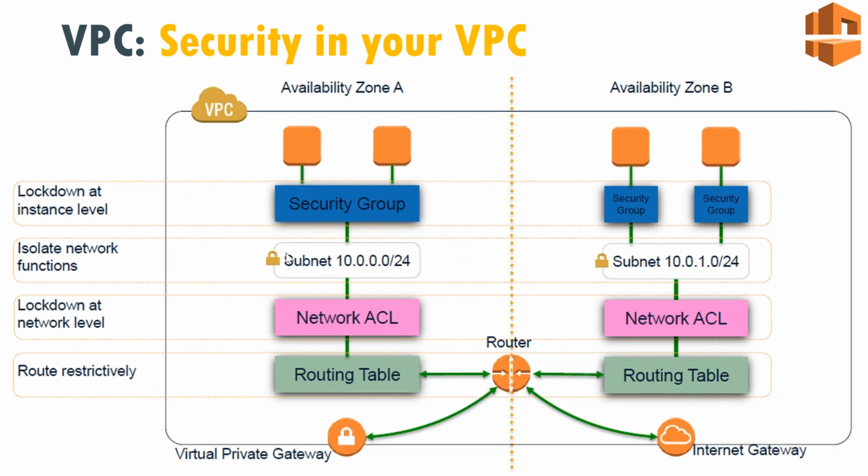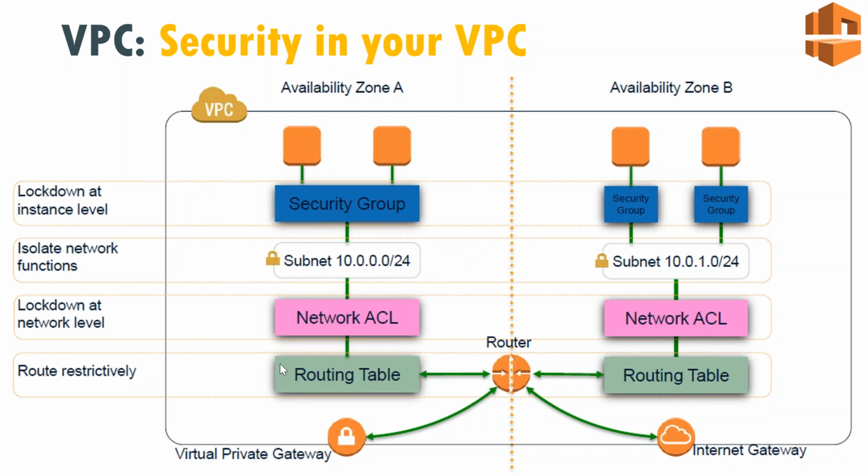Then you can isolate your traffic based on network functions. For example, that 10.0.0.0/24, which gives you 255 IP addresses for, say, web servers, whereas 10.0.1.0 is for application servers or some other batch management servers. And then you have a network security group available for that network ACL, particularly for that particular subnet.